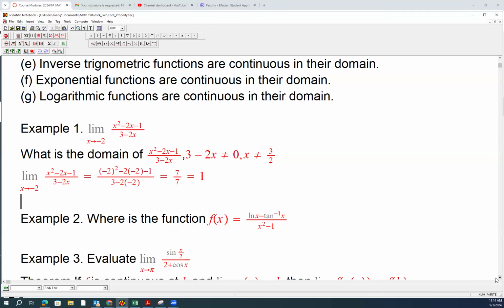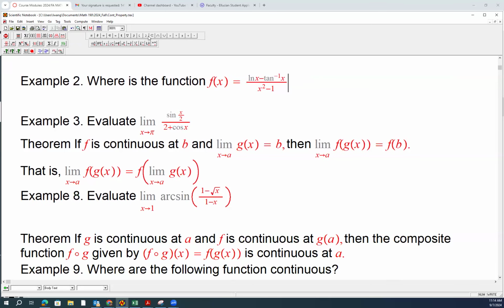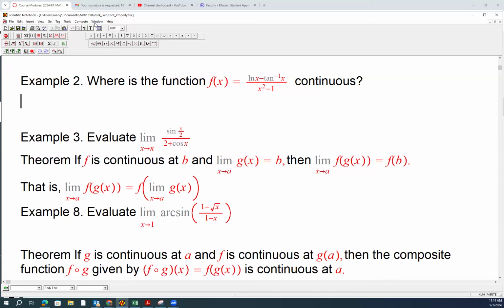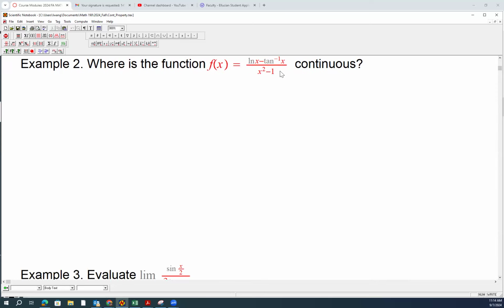And the next question asks, where is this function continuous? To answer this question, we need to know the domains of all the functions involved. The denominator cannot be 0. That's one requirement we must satisfy.